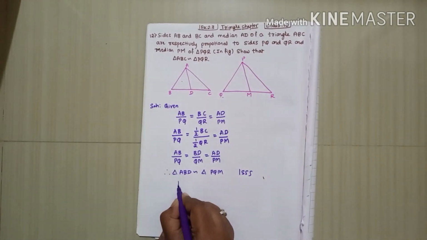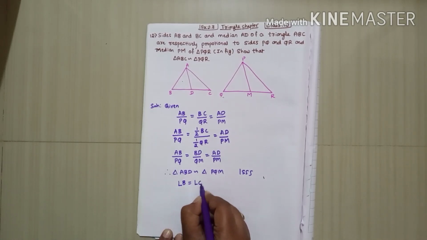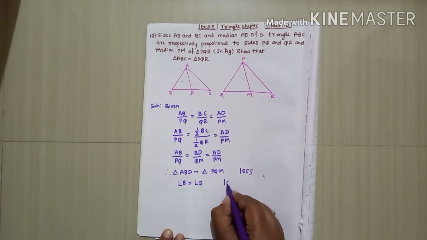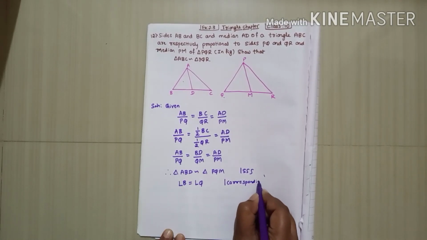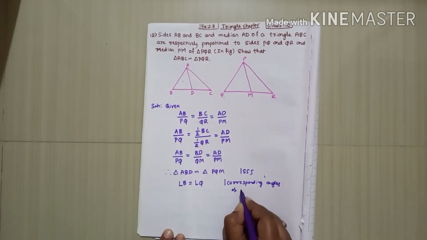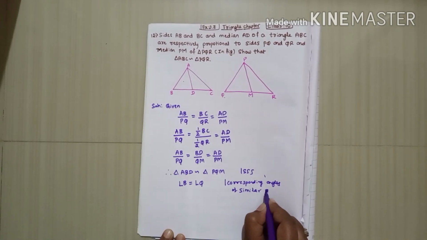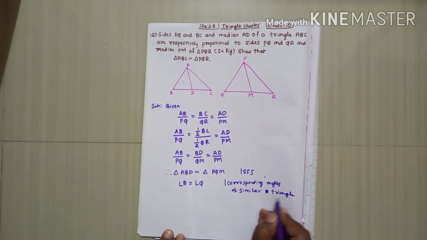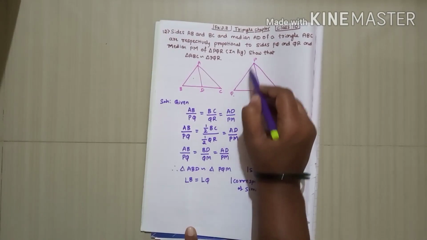Therefore, I can write angle B is equal to angle Q, by corresponding angles of similar triangles. Now what we want to prove is triangle ABC is similar to triangle PQR.